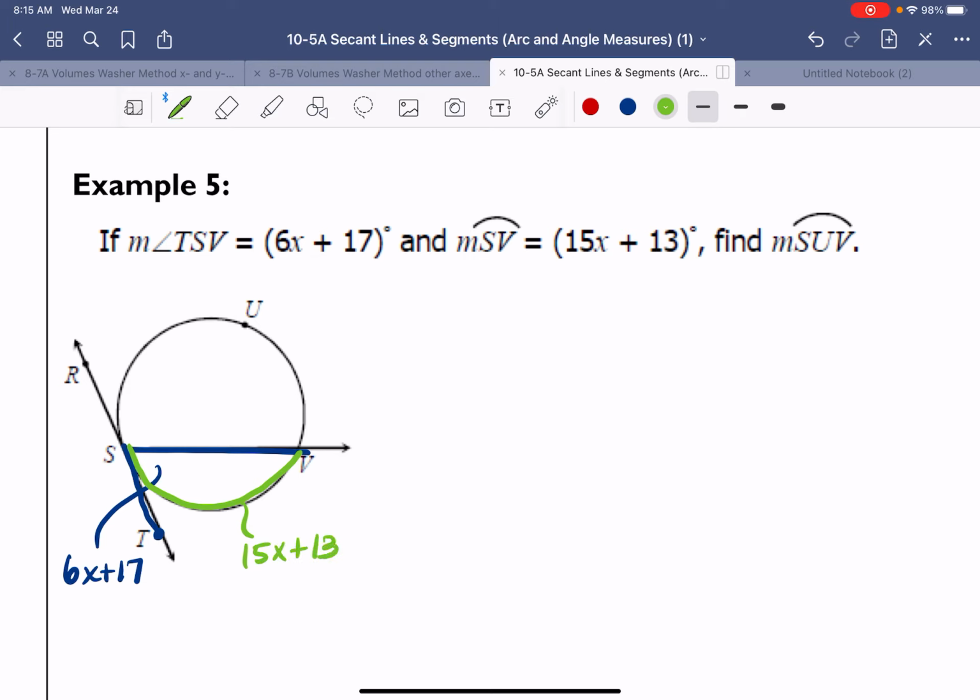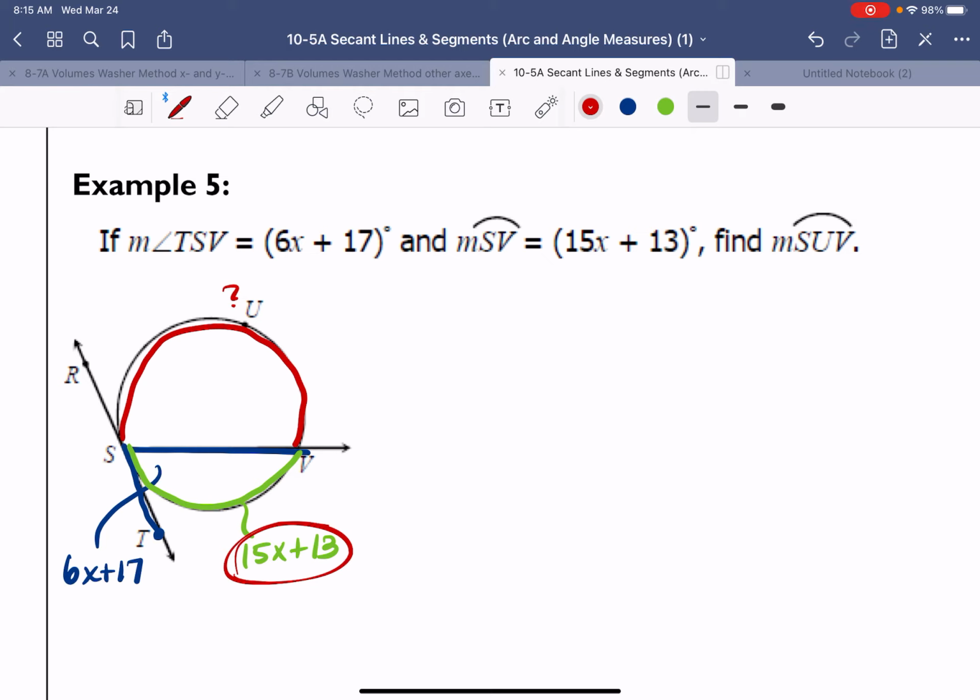Find the measure of arc SUV. So really what they want to know is what is the measure of arc SUV. Well, that's nice. It's not even connected to the two things that have values for it, but that's okay. As long as we know what this arc is, then we should be good to go.